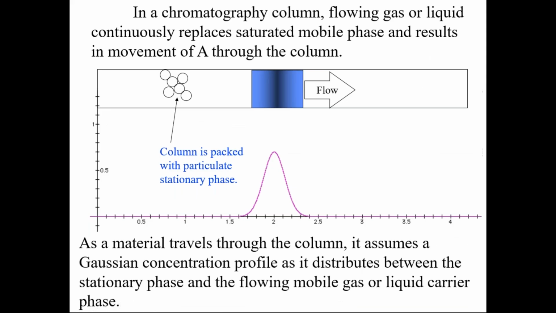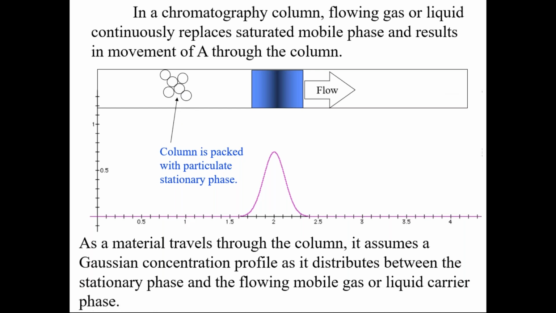So in column chromatography, the flowing gas or liquid continuously replaces the saturated mobile phase and results in the movement of the analyte through the column. So if this is the column and it is packed with these particles and the analyte is placed here, the analyte moves along the column to be separated.